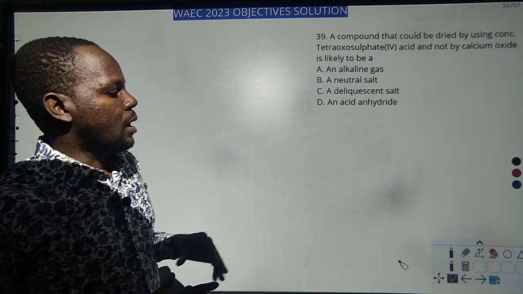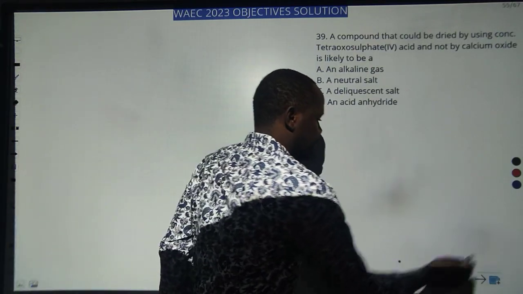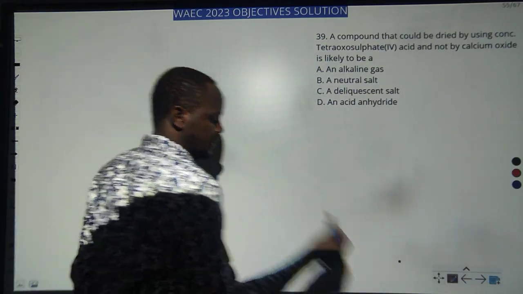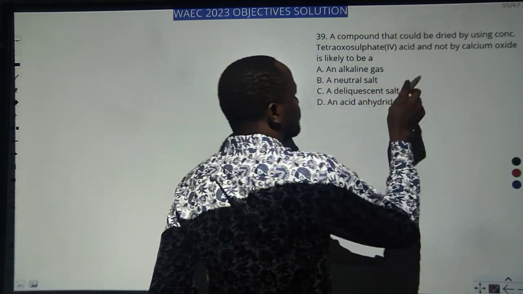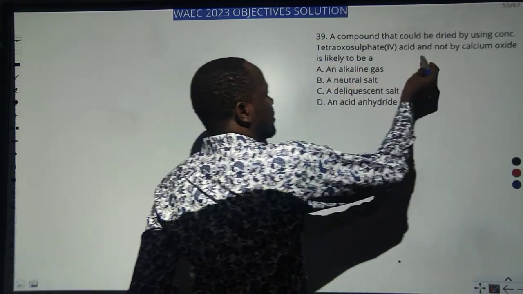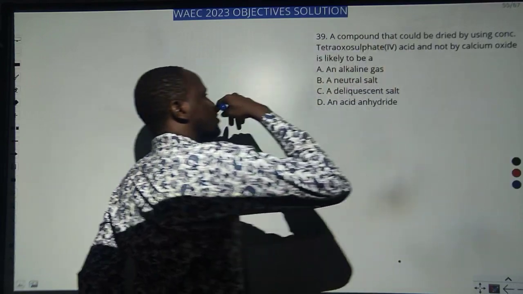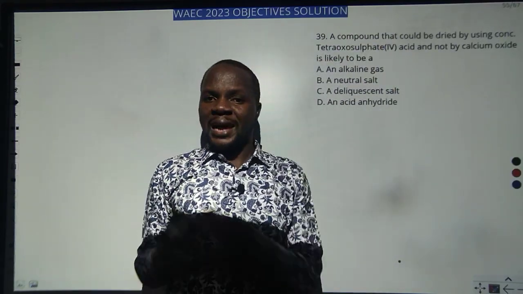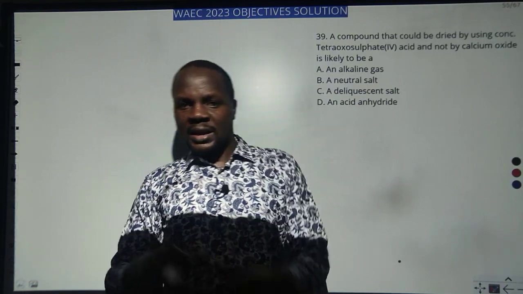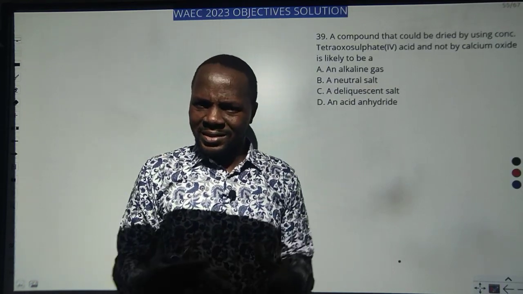We have a compound that could be tried using concentrated H2SO4 and not by calcium oxide. H2SO4 is an acid, so you are looking for an acid too, because acid cannot react with acid. I talked about this the other time.